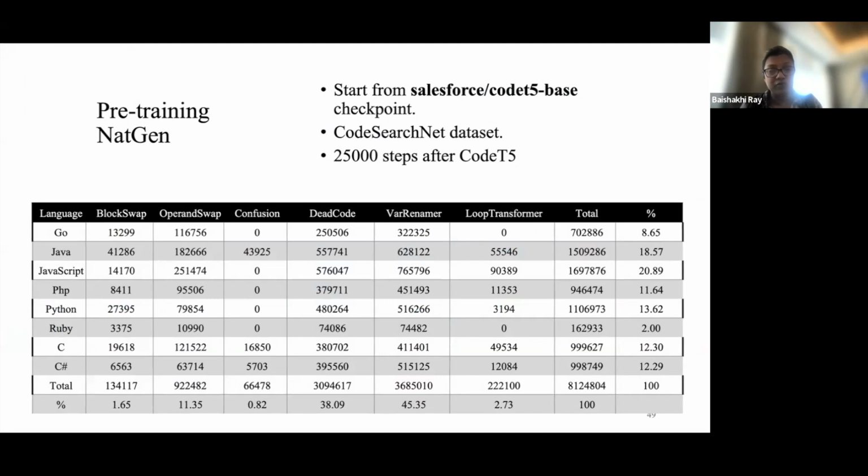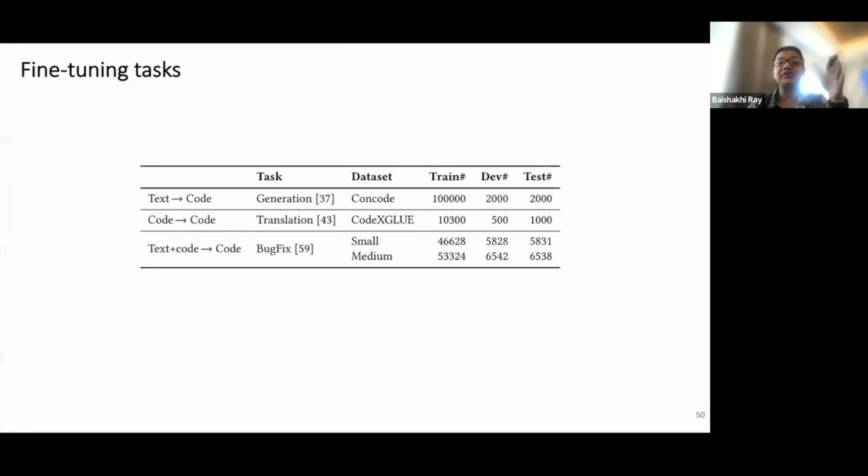I don't want to go into details of this result, but I want to show that we evaluated it across 7 languages for different kinds of settings. The generation task was text to code, which is a typical generation task. We also check code to code, which is a typical translation task.